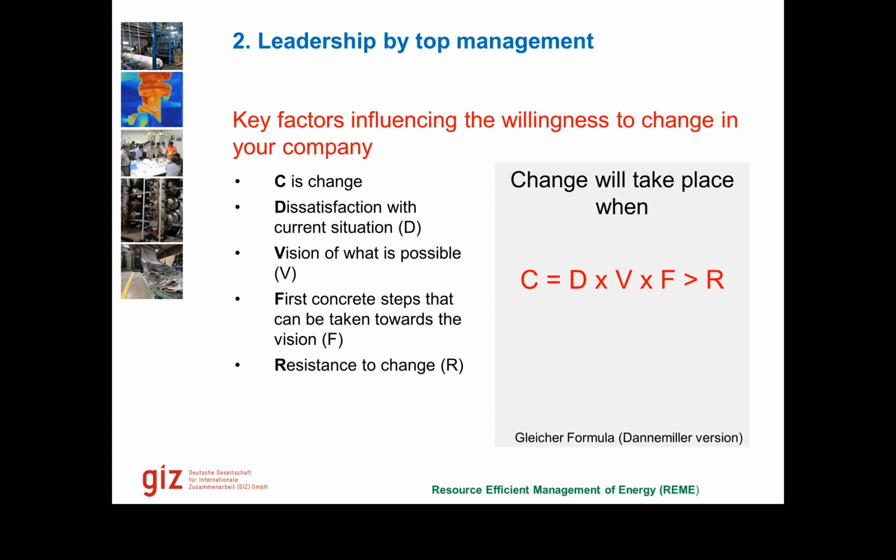So when we go to factories, we need to understand at which of these D, V, and F they are stuck, or maybe they are stuck at the resistance to change. Maybe the resistance to change is very, very high. So we need to analyze why there is resistance to change and what factors we can improve on.